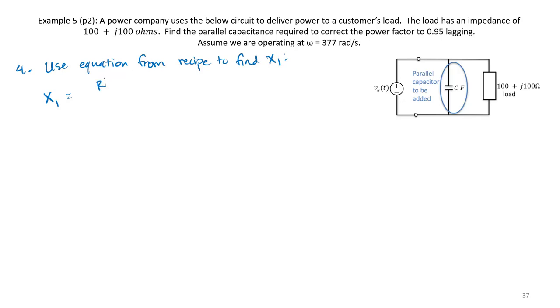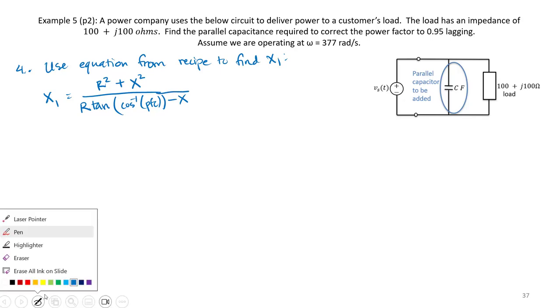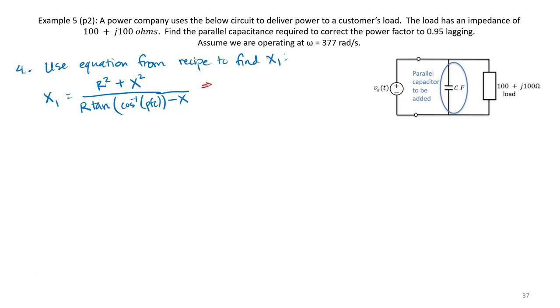x1 is (R squared plus x squared) divided by (R times the tangent of inverse cosine of our corrected power factor), minus x. So here we just need to substitute.